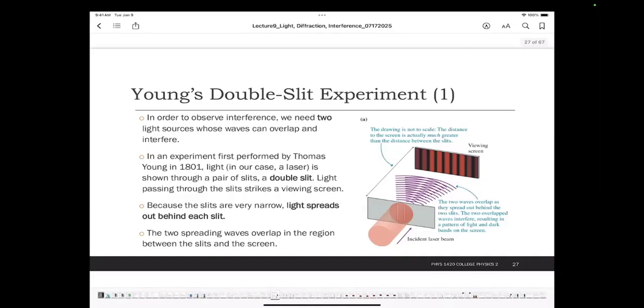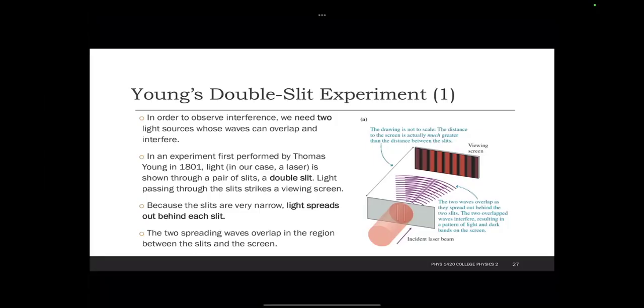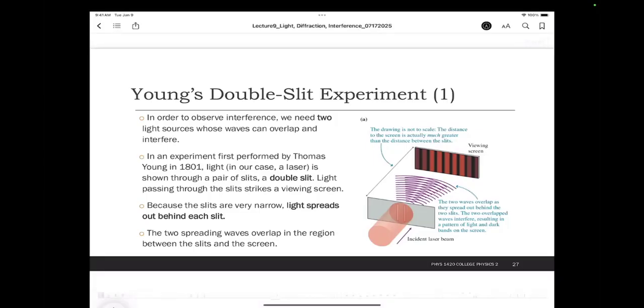A pair of slits means there are two slits, a double slit. You can see 1, 2. Light passing through the slits strikes a viewing screen.